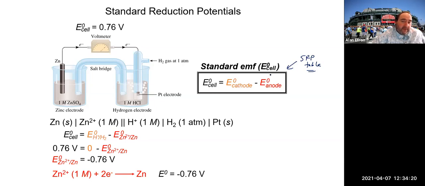If you use this equation and you go to the actual SRP table and you find the two things in your galvanic cell, you should not change the sign on the anode reaction if you use this equation.